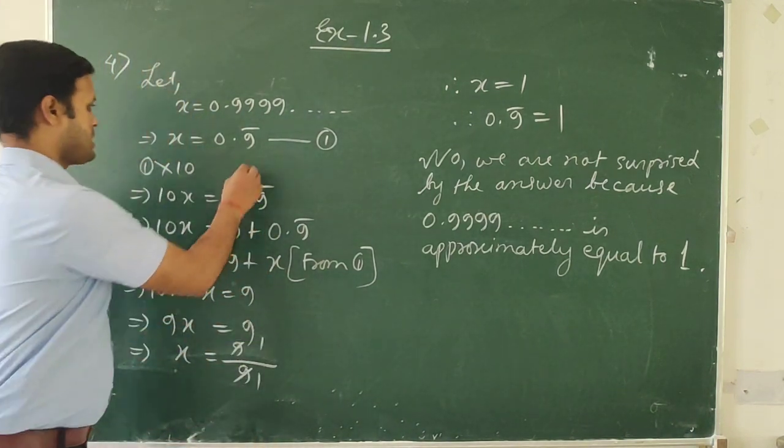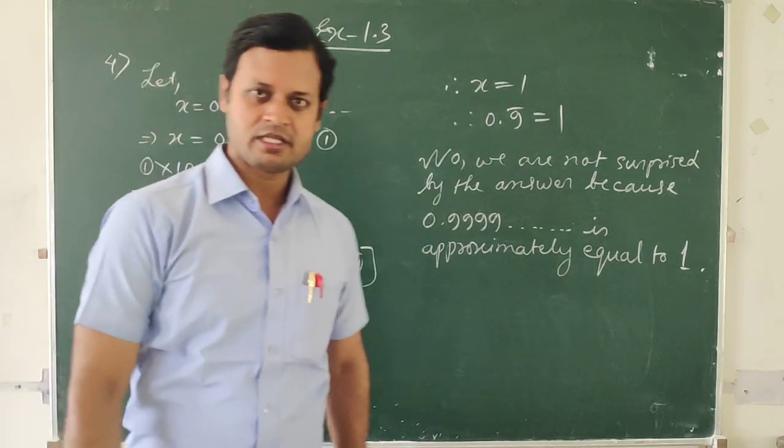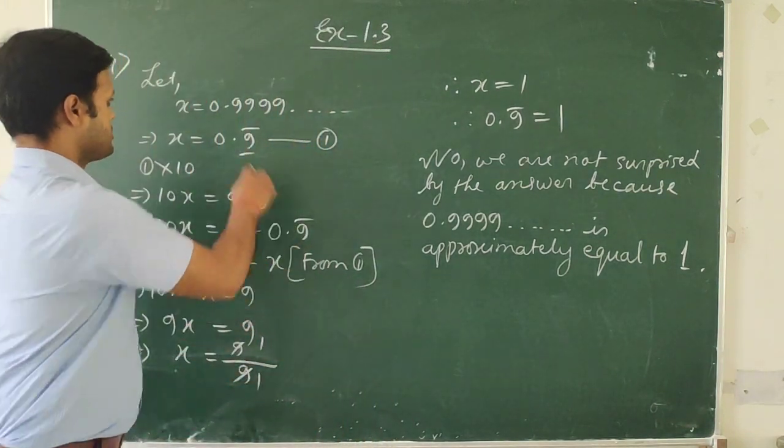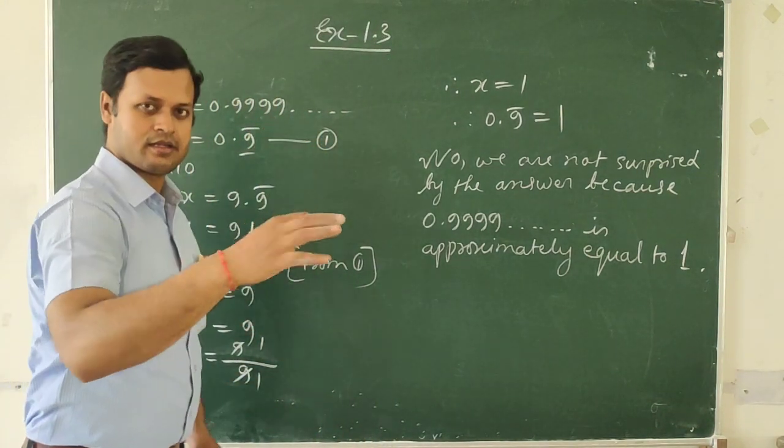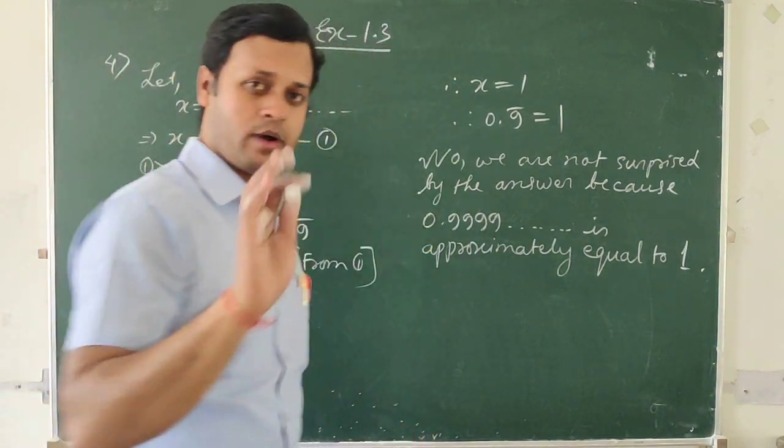Now, how many numbers are repeating here? Only one number is repeating, isn't it? You see, in 0.9999, 9 is coming again and again. So only one number is repeating.